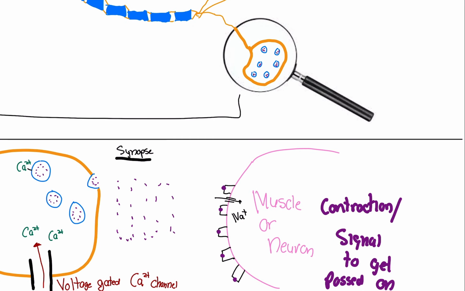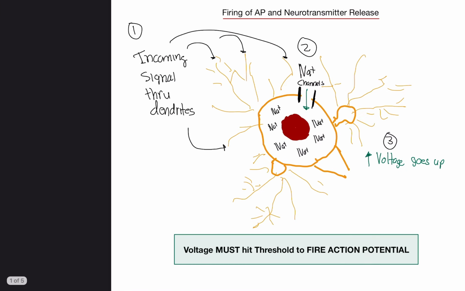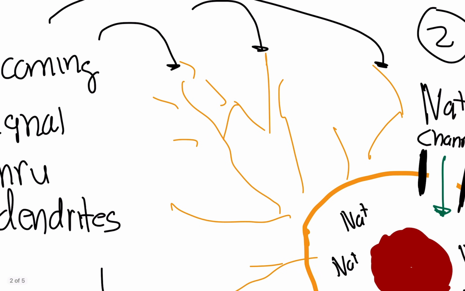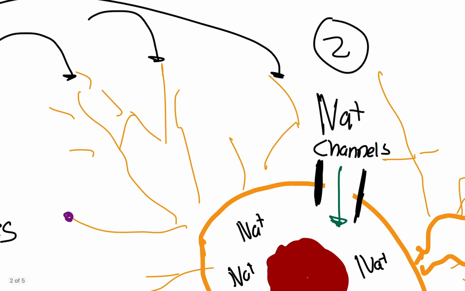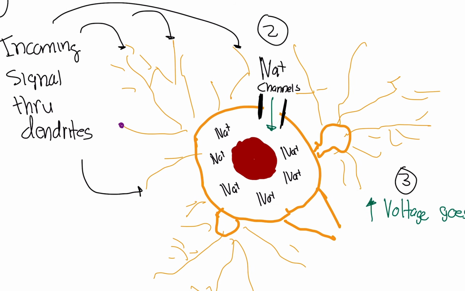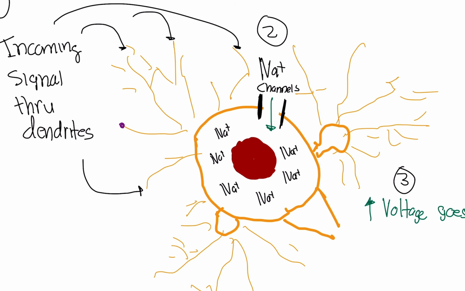So this would be the dendrites. A receptor bound here, a neurotransmitter bound, it caused sodium channels to open, sodium rushed in, and we got another action potential. This is how neurons communicate with each other.